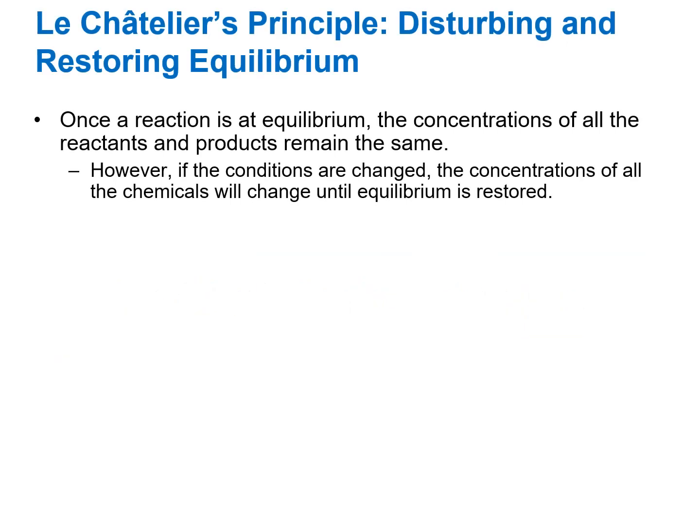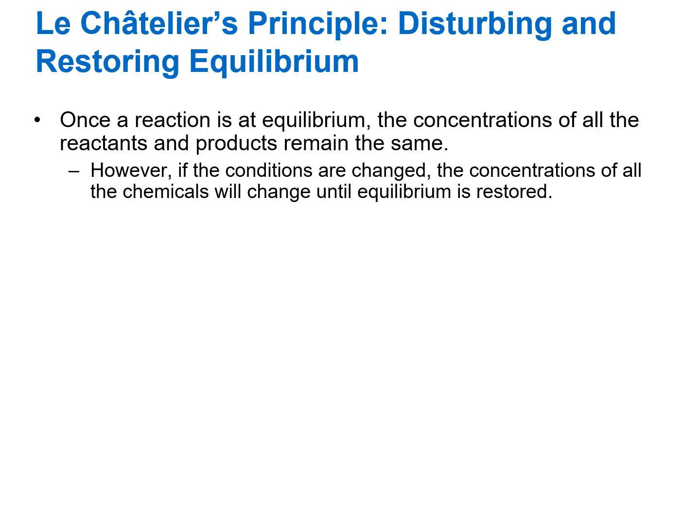Now we've talked a lot already about how once a reaction is at equilibrium, the concentrations of the reactants and the products are always going to remain the same. Now, what happens if you disturb it? Well, if the conditions are changed, then the concentrations of all the players are going to change until equilibrium is once again restored.